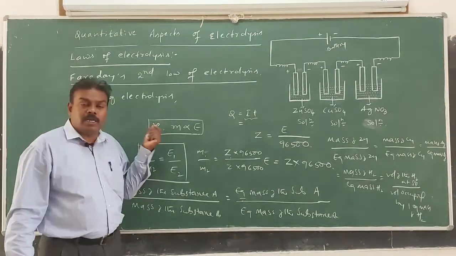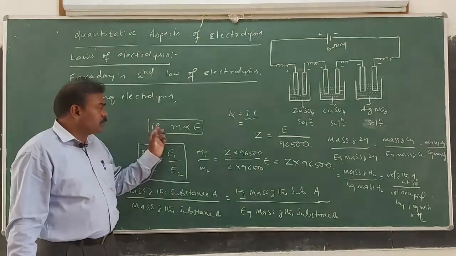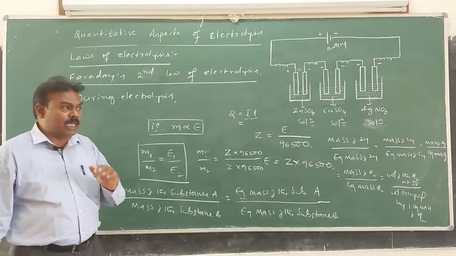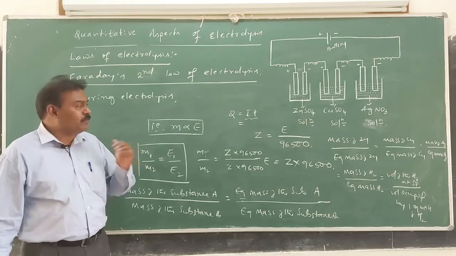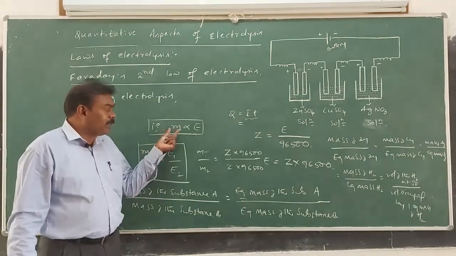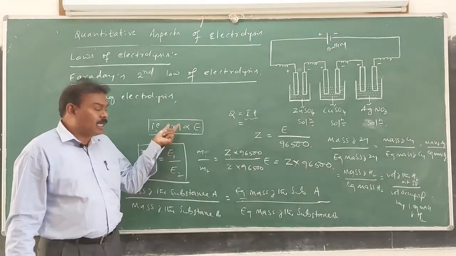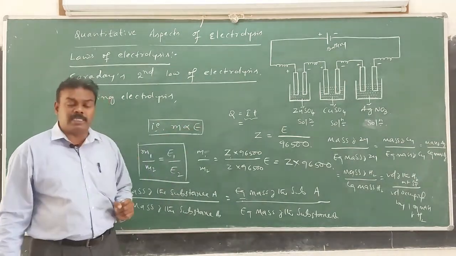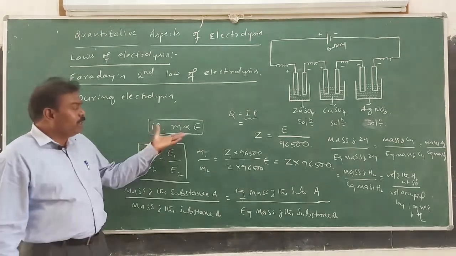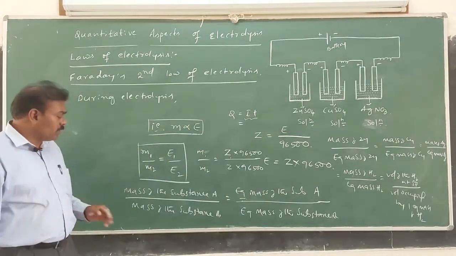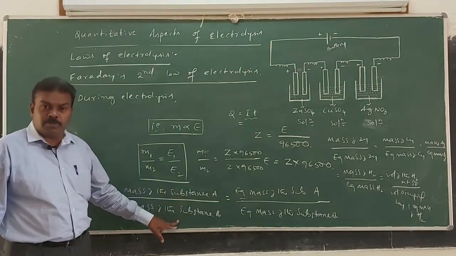The statement we know already: the amount of the substance deposited during electrolysis is directly proportional to the quantity of electricity. That is the first law. In the second law, the mass of the substance deposited at the electrodes is directly proportional to its equivalent mass. Then how is it represented? There are different electrolytic solutions. Suppose here substance A and substance B will be there.